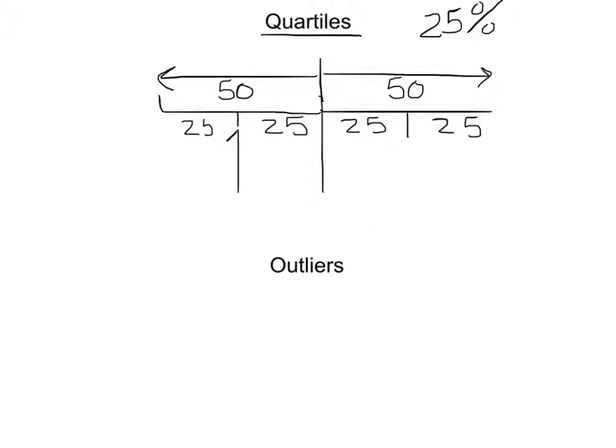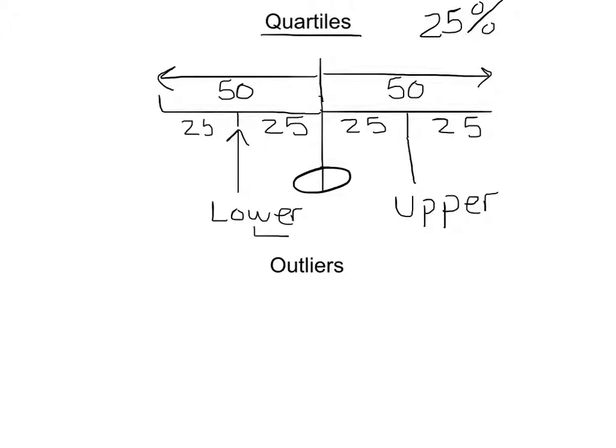This point right here is referred to as my first or my lower quartile. This is referred to as my third or upper quartile. All quartiles do, along with the median, is break my data set into sets of 4. This is going to mean a lot more in our next section when we talk about a 5-number summary.